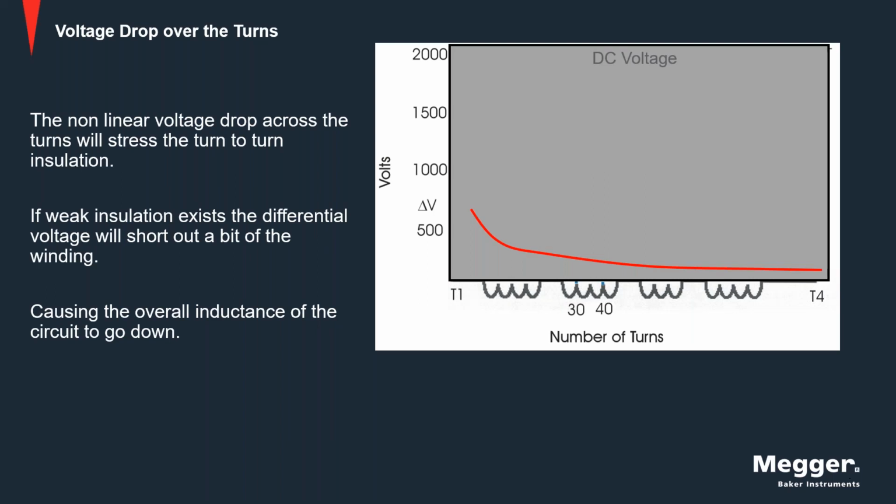It acts similar to AC, but we're pulsing 5 times a second and raising the voltage at each pulse. As we raise that voltage up, we're getting more and more nonlinear drop of voltage across the windings, stressing that turn-to-turn insulation. If there is a weakness, the differential voltage will short out a bit of the winding, causing the overall inductance of that circuit to go down, increasing the frequency at which it rings.